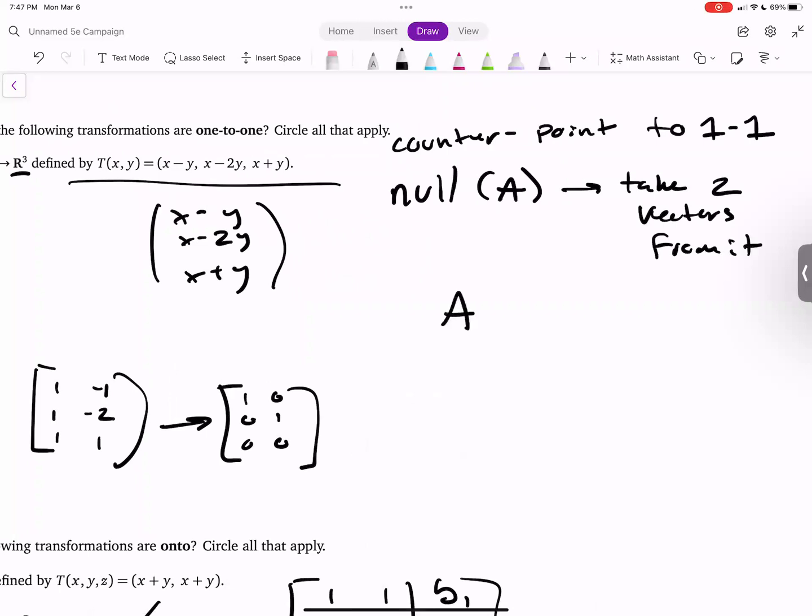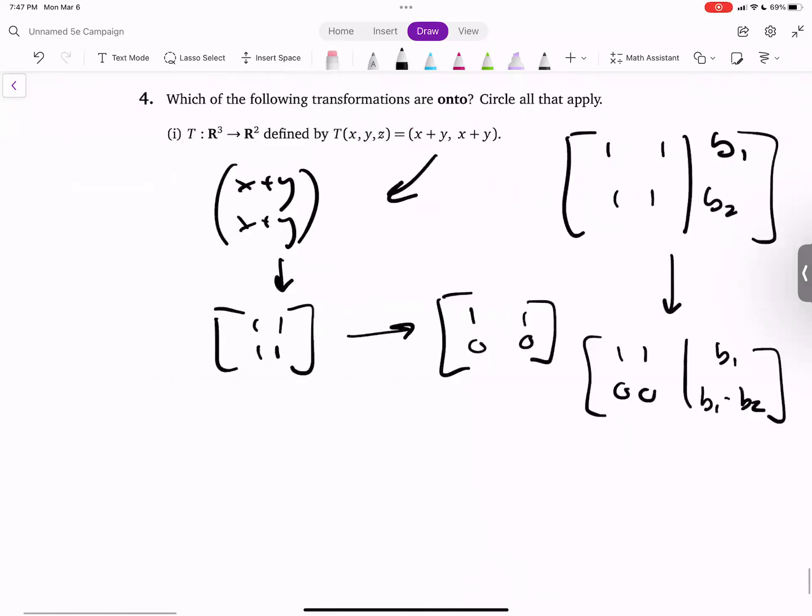This proves A of x1 equals A of x2 equals 0, because if we pick x1 and x2 both in our null space, A times x1 is 0 and A times x2 is 0. So that's a good way to get the counterexample for each of those 2 things, if that is asked. Any other questions on this?